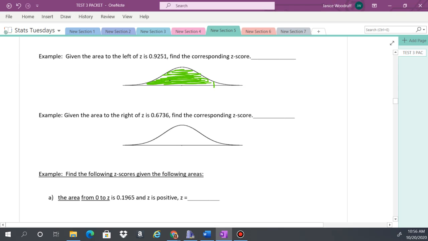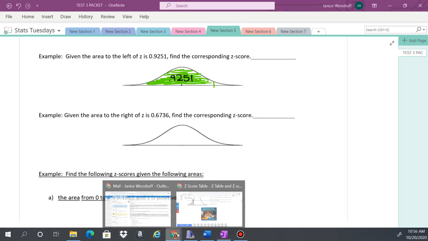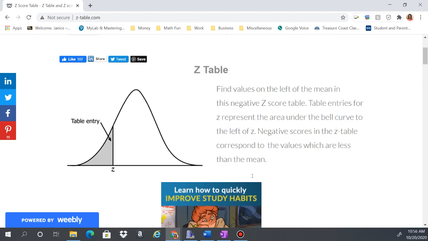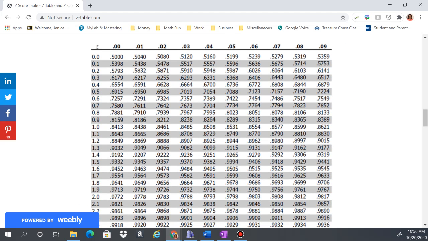So this is 0.9251. Find the corresponding z-score. If I look at this graph, it's going to be a positive number. So I've got two options. First option, go to your z-table. You know it's got to be positive, so go look at the positives until you can find 0.9251 in here, or close to it.